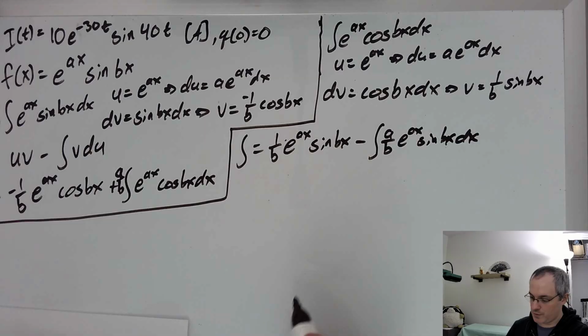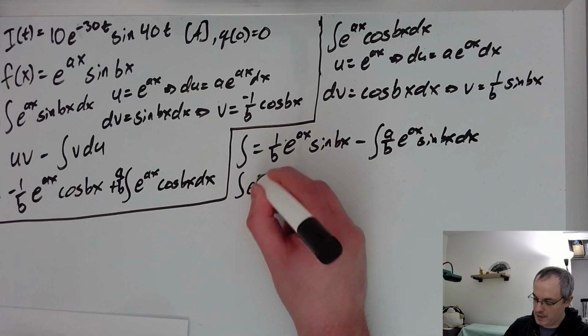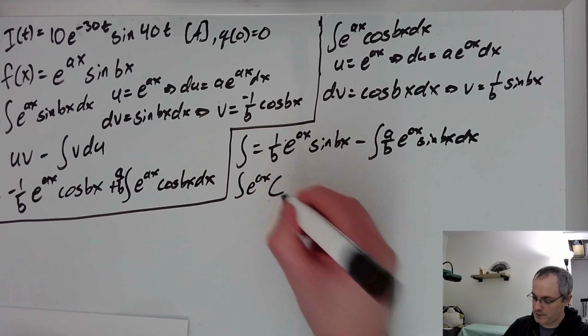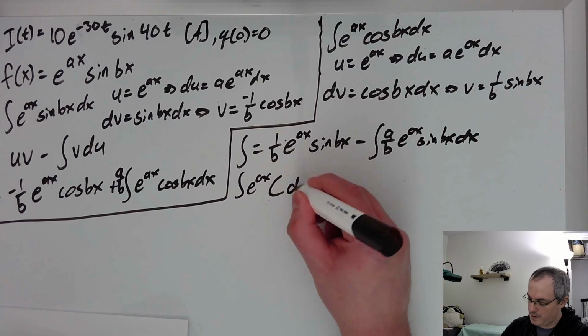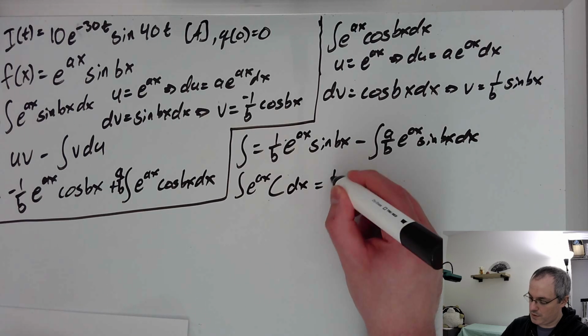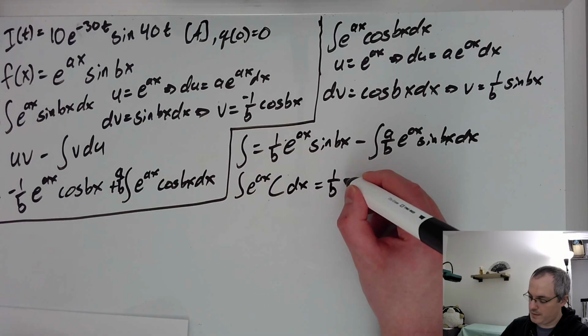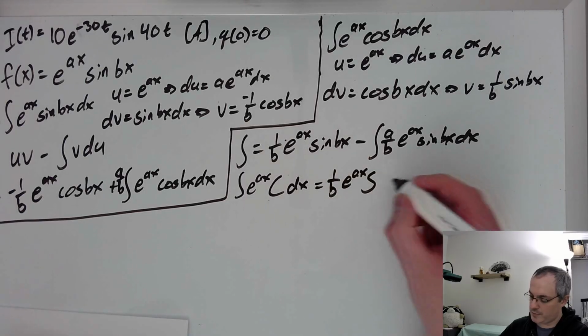So that's this. What I'm going to do is abbreviate things here. The integral of e^(ax), using capital C to represent cosine of bx, dx is equal to 1 over b e^(ax) S, where S is sine of bx.